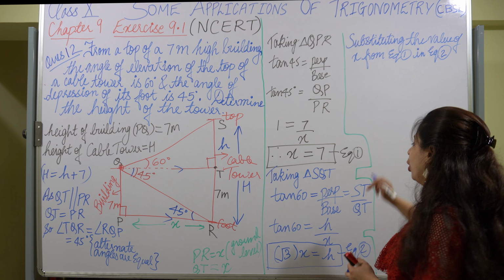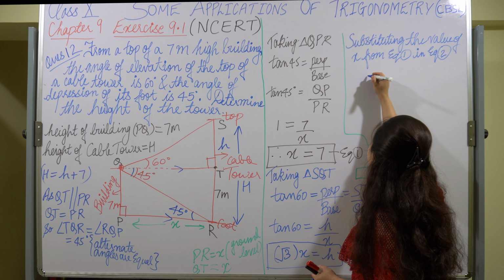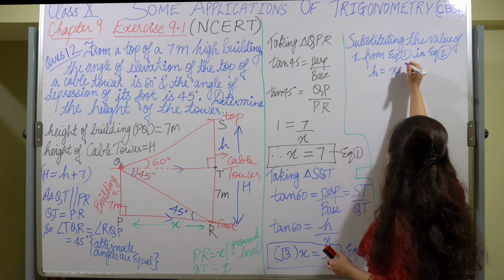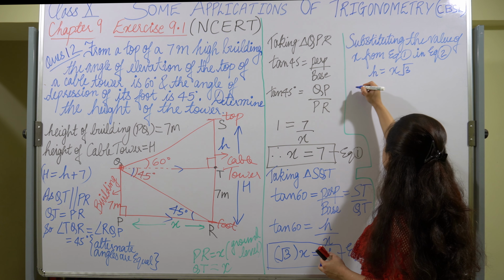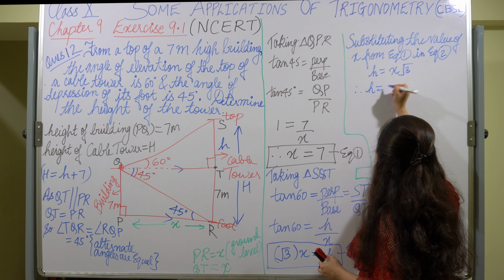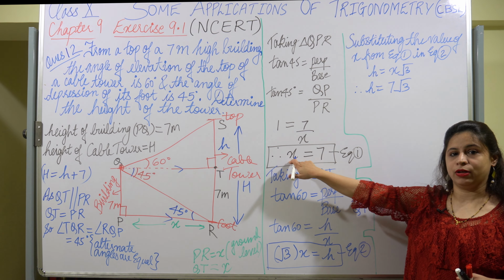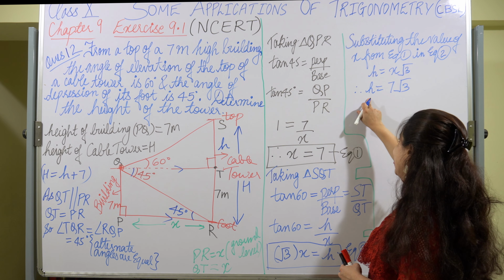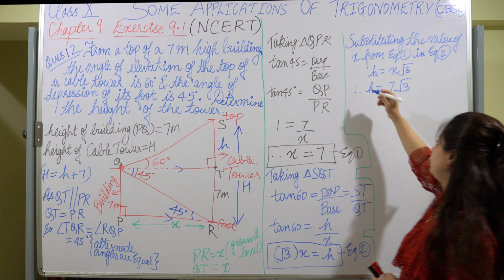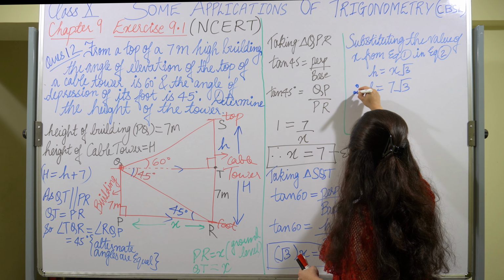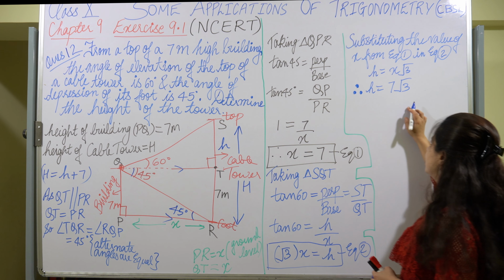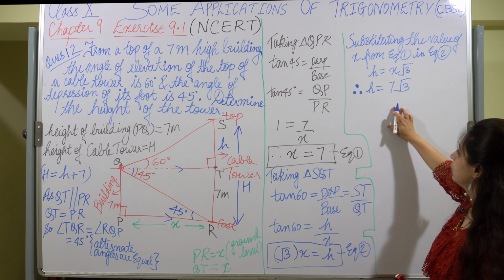We have h equals x root 3. So therefore our h will be equal to 7 root 3, because my value of x was 7. So h is equal to 7 root 3.